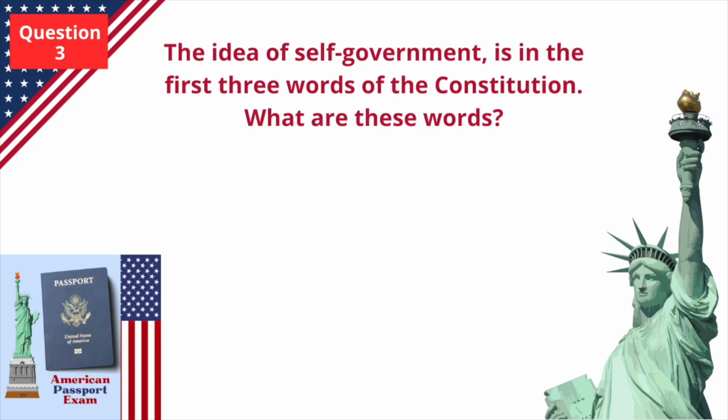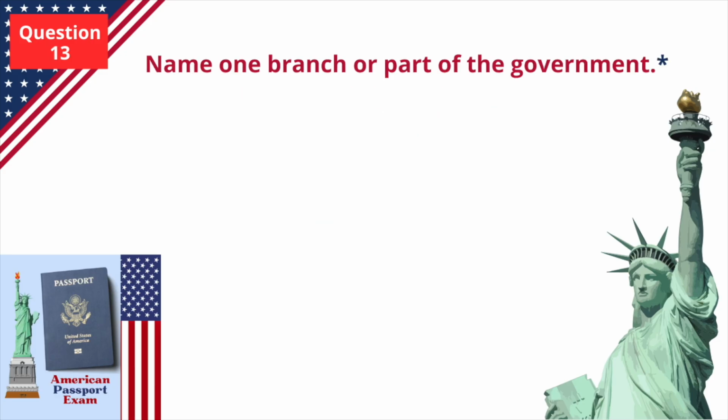The idea of self-government is in the first 3 words of the Constitution. What are these words? We the people. Name one branch or part of the government. Congress.